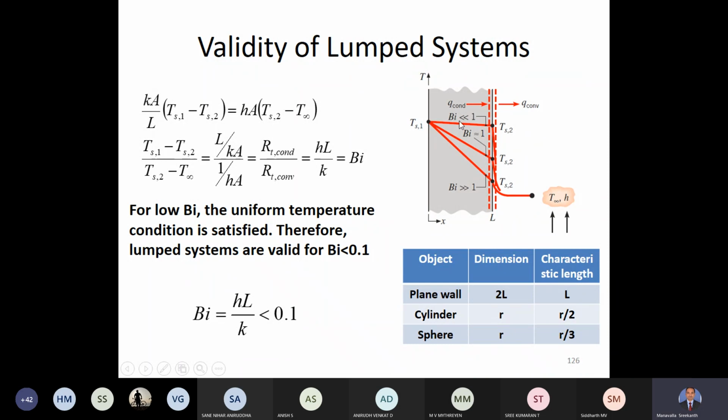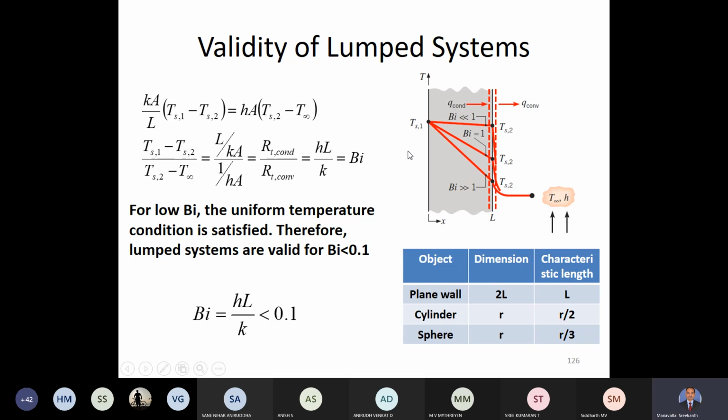But if the Biot number is very small compared to 1, then the difference between TS1 and TS2 is also very small. When this difference is small, we call it a system where there are no thermal gradients or the thermal gradients are very small. So the concept of the lumped system is applicable when the Biot number is very small.